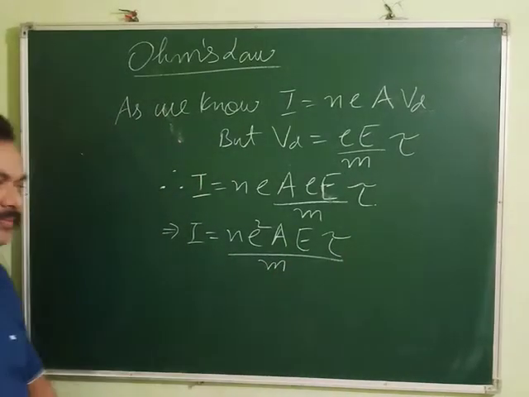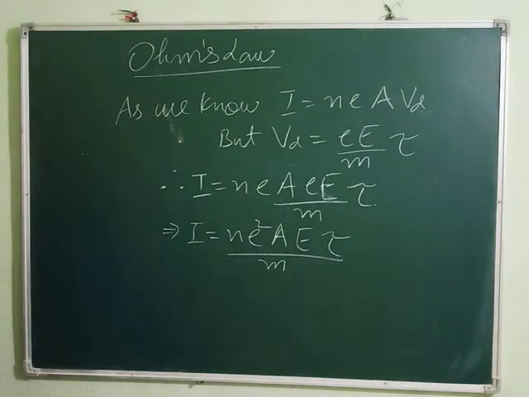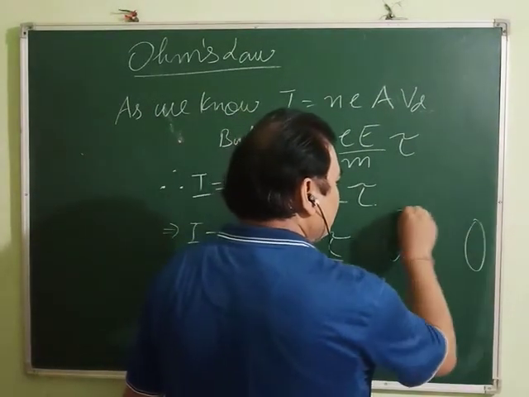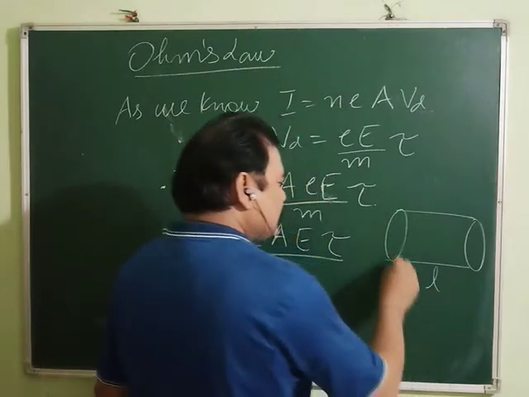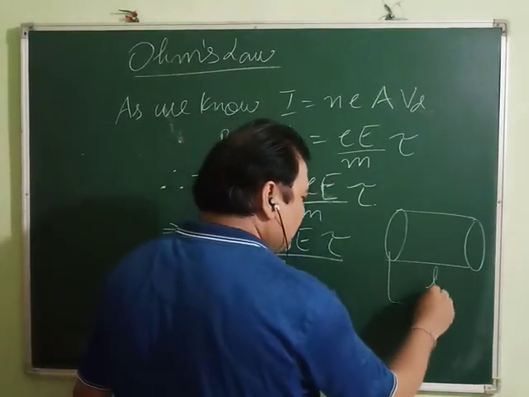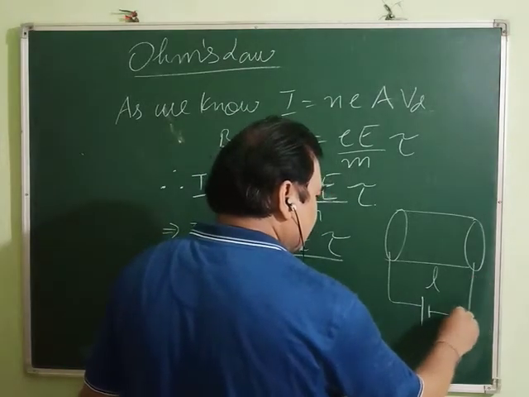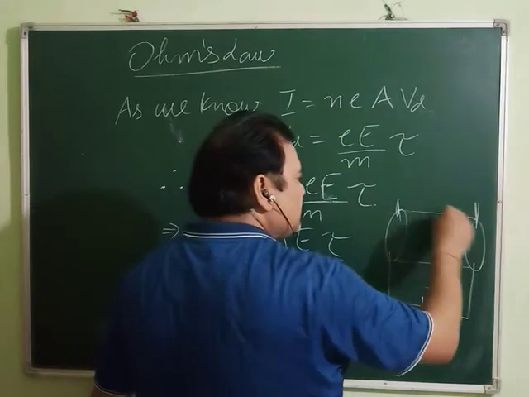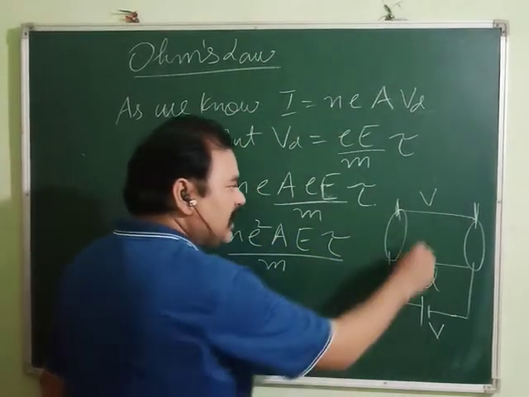Now, suppose the conductor is here and the length of the conductor is L, and you are applying a potential difference V between the ends of the conductor. That means the potential difference between these two ends is V. And what is the electric field inside it?